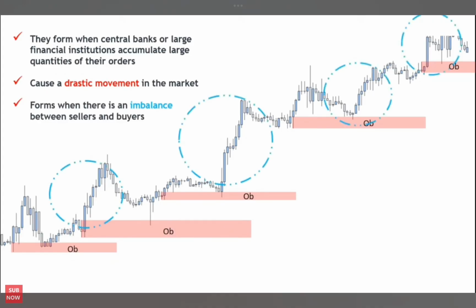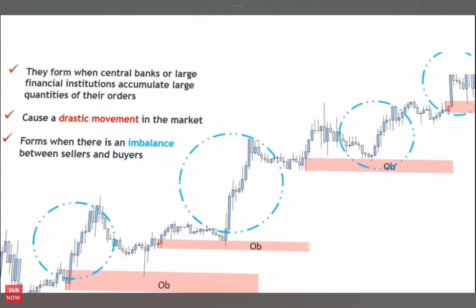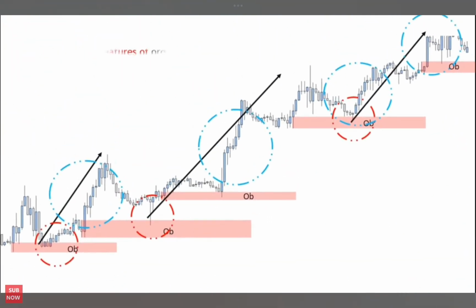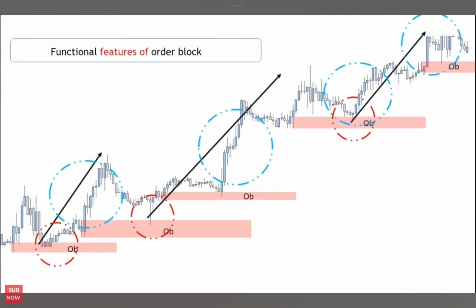If you still don't know how to identify order blocks and specify them on the chart, I definitely recommend you watch our video clip about order blocks again to fully understand this important topic, as we will only discuss it briefly here. Here is the functional definition of an order block, which helps us identify order blocks on the chart easily.